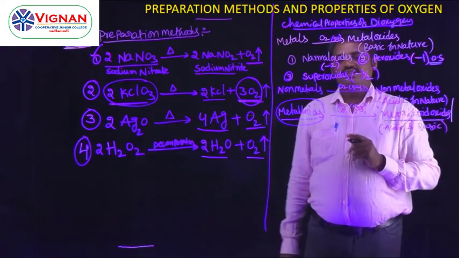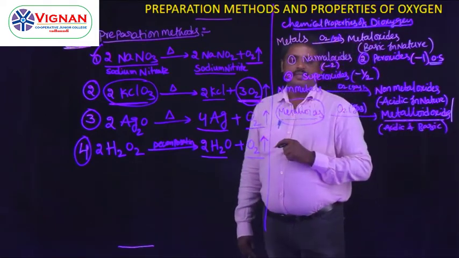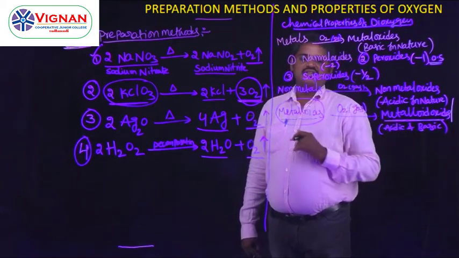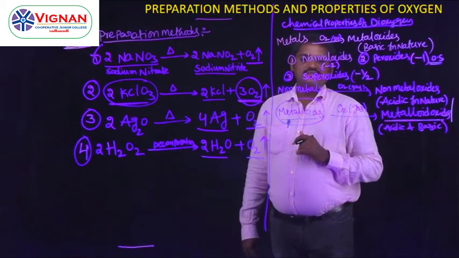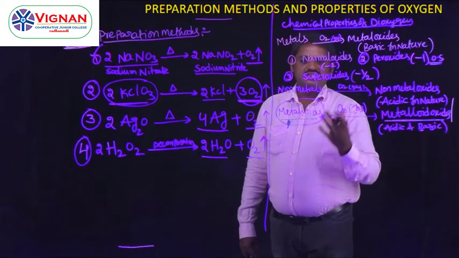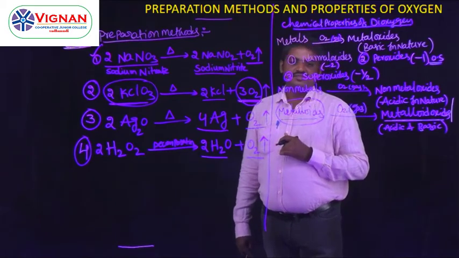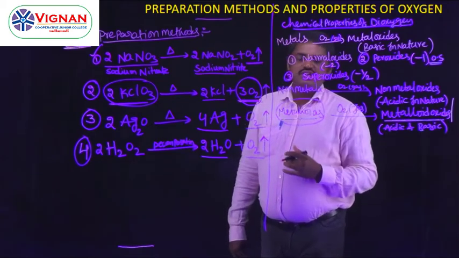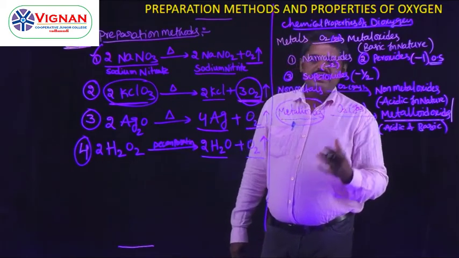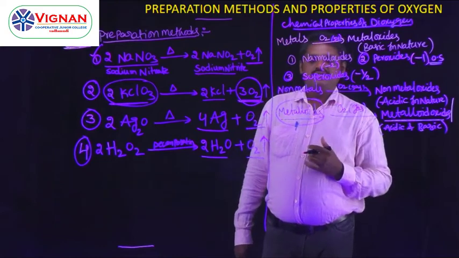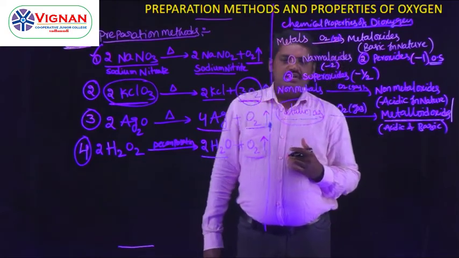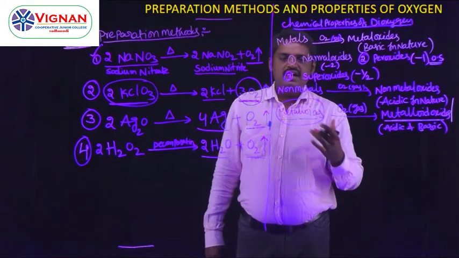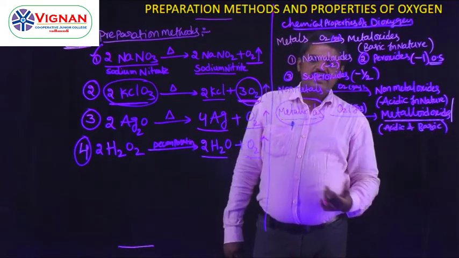Okay, so these are the different oxides of different types of elements, like metals, non-metals and metalloids. Finally, oxygen is used to make sulfuric acid and nitric acid. For example, in the preparation of sulfuric acid, sulfur reacts with oxygen to produce sulfur dioxide.